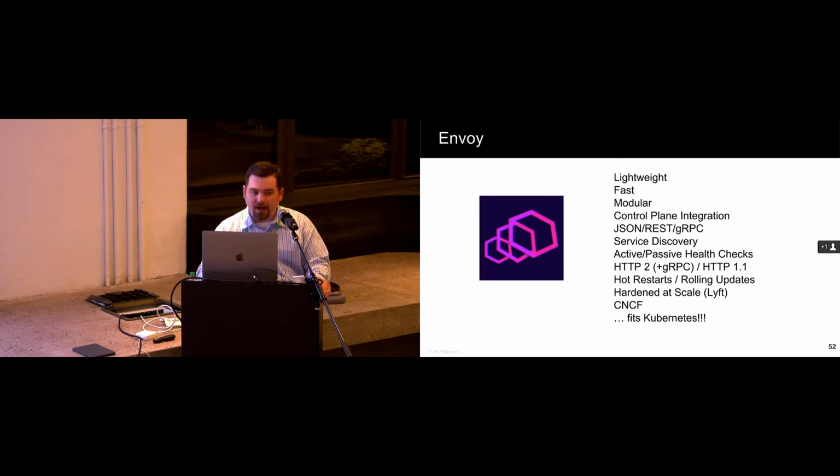But they chose Envoy as the initial reference implementation for a couple of reasons. Primarily, it's been in production use for a couple of years at Lyft. It's very robust, very lightweight. It's got a runtime anywhere between 7 to 11 megabytes. And so that allows Envoy to be installed as a sidecar in every single workload that's deployed, which simplifies a lot of things.